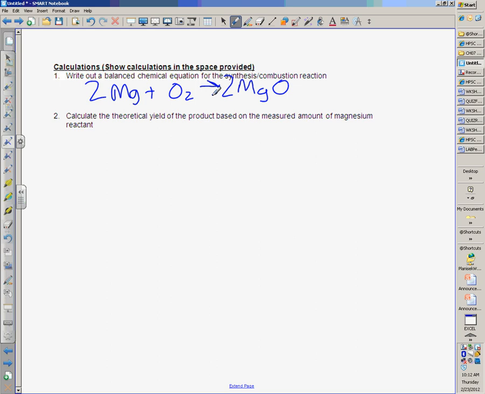So, you were asking me about this before, right? I told you yesterday in class that number 2 is a mass-mass problem. From your data table, you should be able to give me the grams of magnesium that you started with. For a mass problem, the first thing we have to do is convert that into moles. That's always going to be 1 mole. Kennedy, where are we going to get this grams number from?